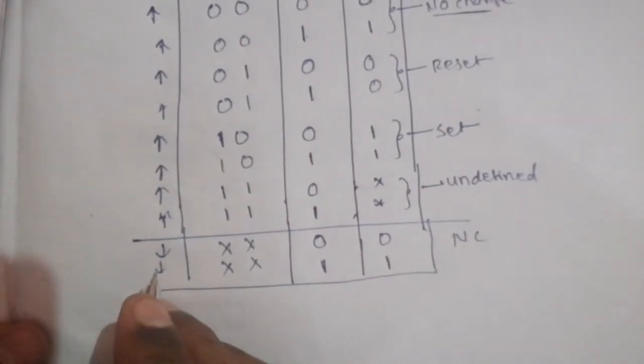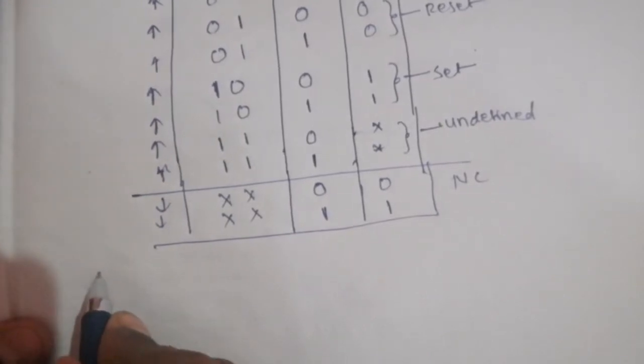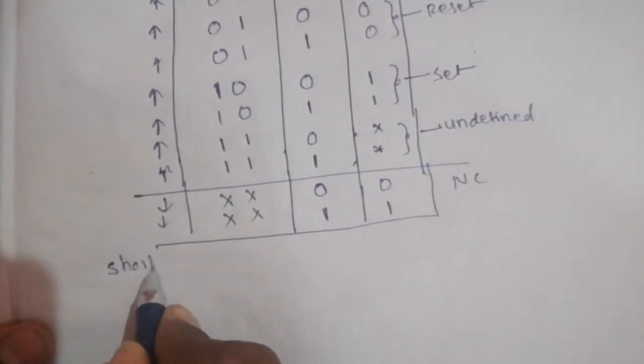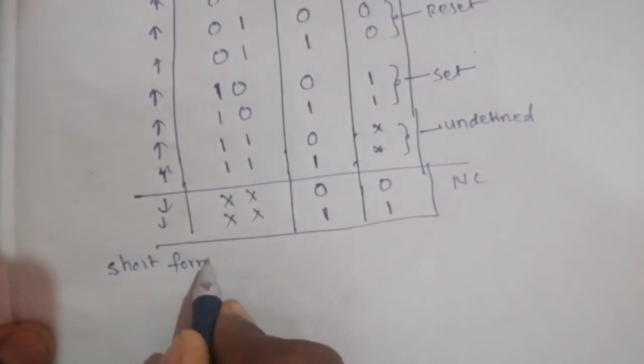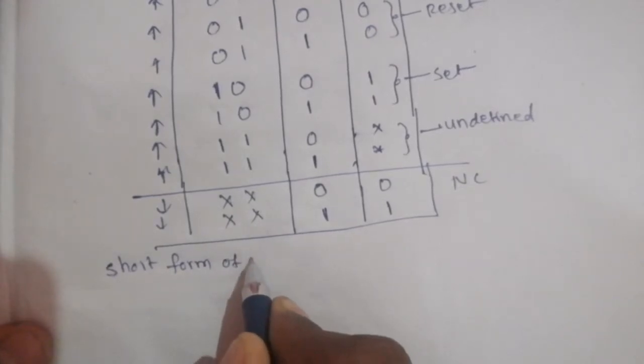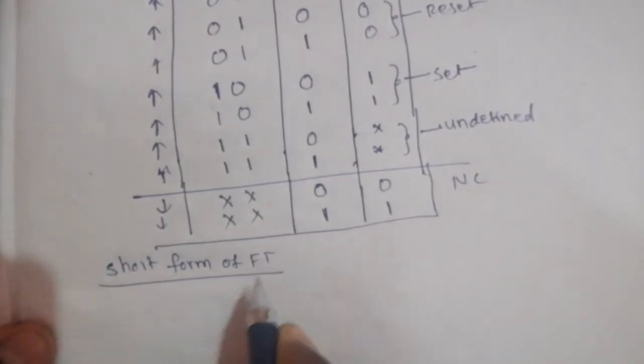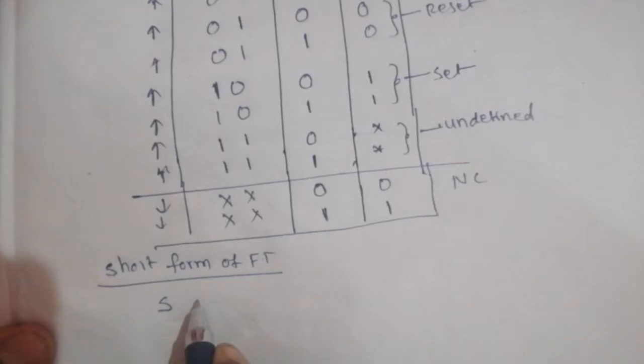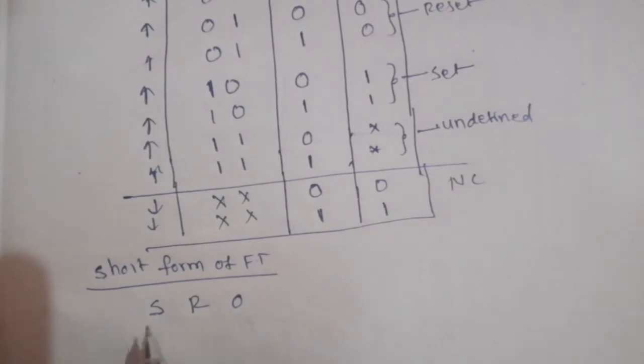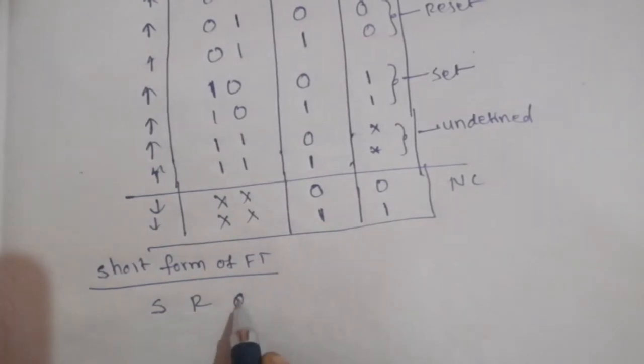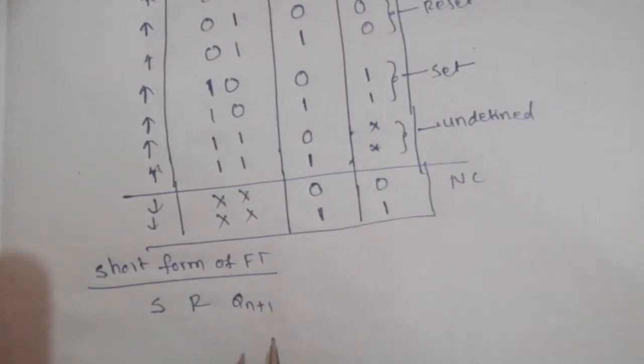The same thing we can take in the short form of the functional table, which is the short form of the truth table. Take S and R as the two inputs, and Qn plus 1 as the next state.